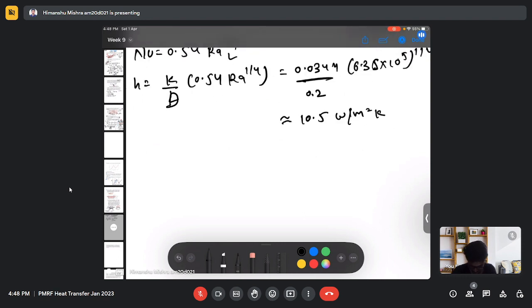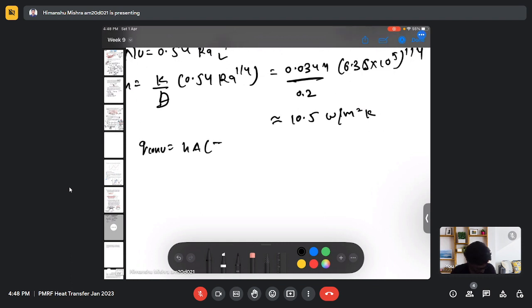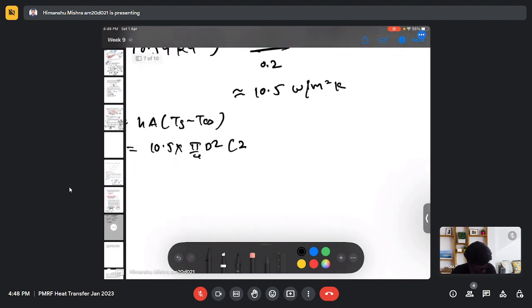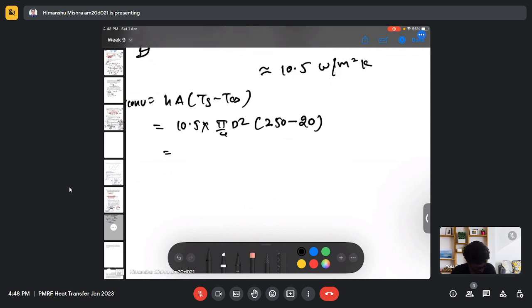This is my heat transfer coefficient, and my heat transfer rate due to convection is given from Newton's law, which is 10.5 times pi by 4 d square times (250 minus 20), and my heat transfer due to convection is 75.7 watt.